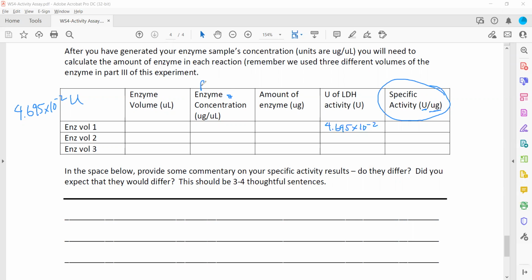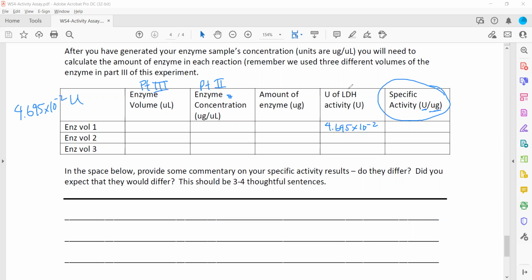So think about this as coming from part 2. The enzyme volume is from part 3, where we tried 100 microliters of the enzyme, 75 microliters of the enzyme, and 25 microliters of the enzyme.